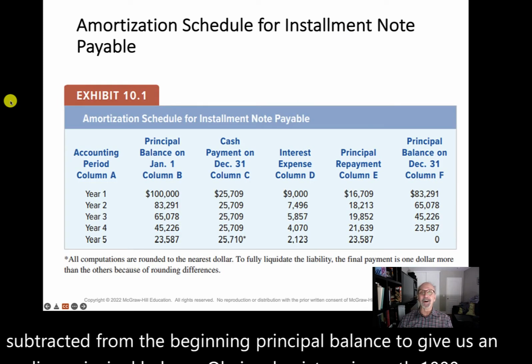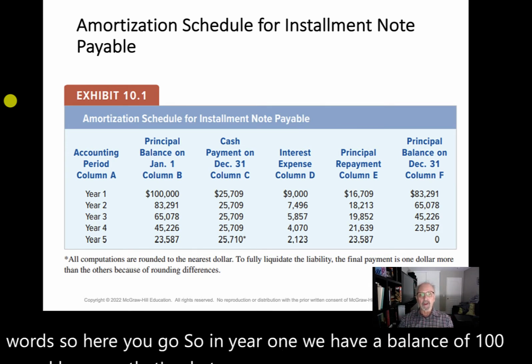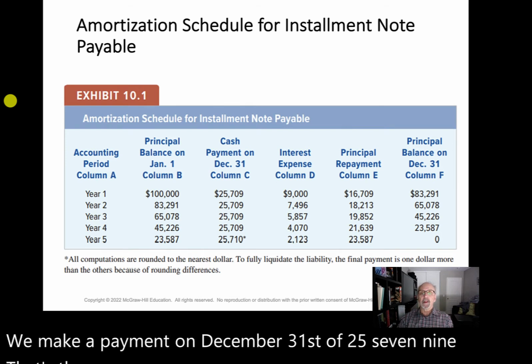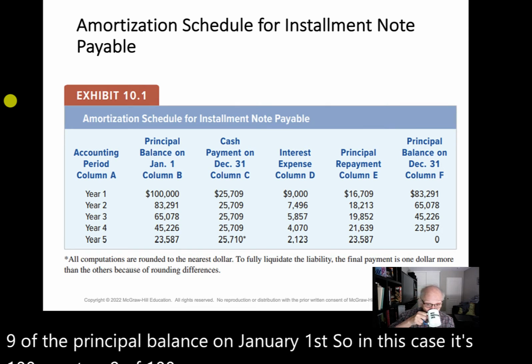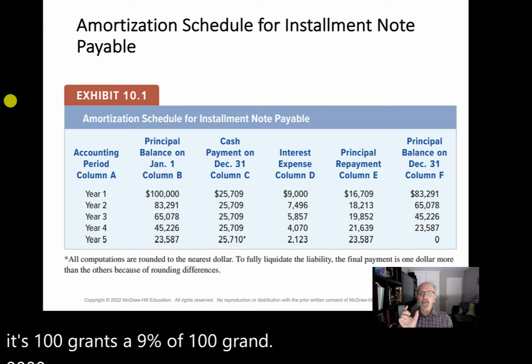Obviously, a picture is worth 1,000 words. So here you go. In year 1, we have a balance of $100,000 because that's what we borrowed. We make a payment on December 31st of $25,709. That's the agreement. The interest for column D is 9% of the principal balance on January 1st. In this case, it's $100,000. So 9% of $100,000 is $9,000.